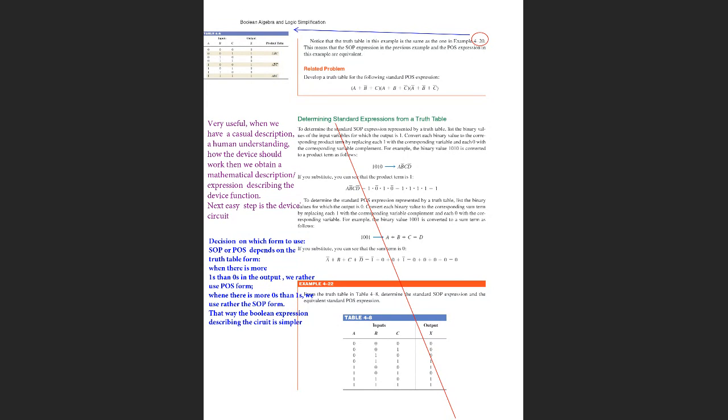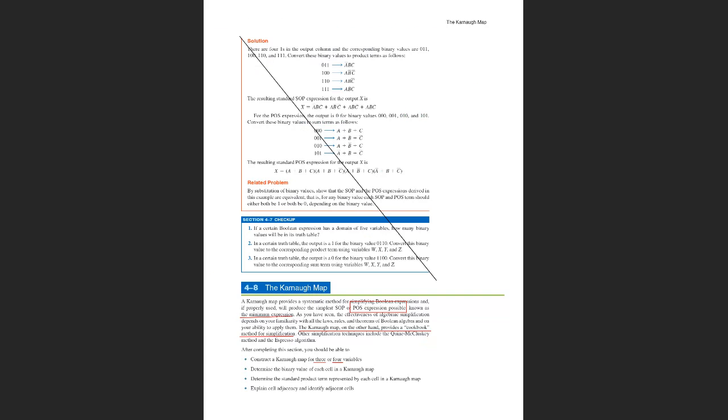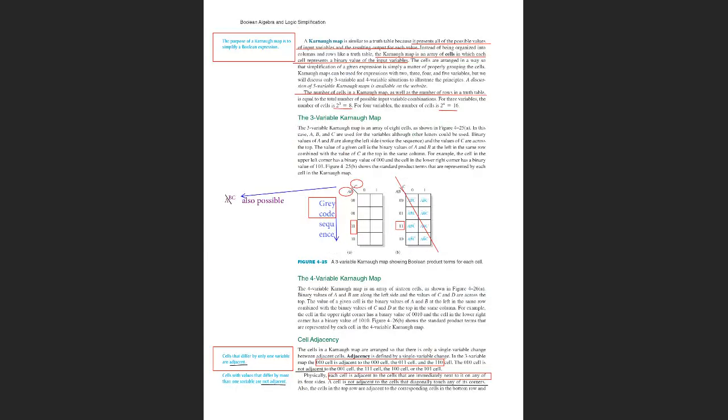If you have more zeros, we use the SOP expression, because we have less ones. If we have more ones, we use 0 rows, which means POS, to create hardware simpler because the expression is simpler. It's made just of less sums than ones.